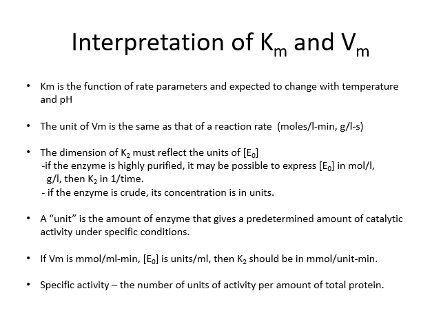Previously, I have told you that Km is the dissociation constant of the ES complex, and it is a rate parameter, and it is expected to change with temperature and also pH. So Vm is the same as reaction rate, so it could have this unit.